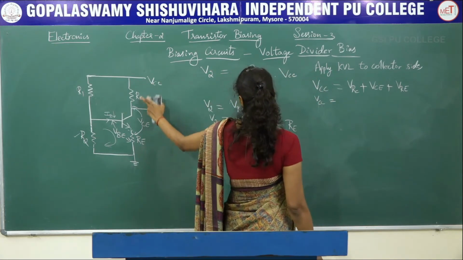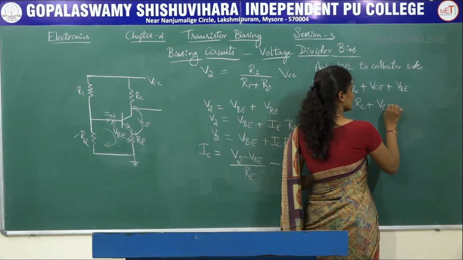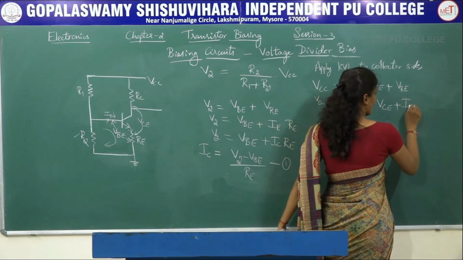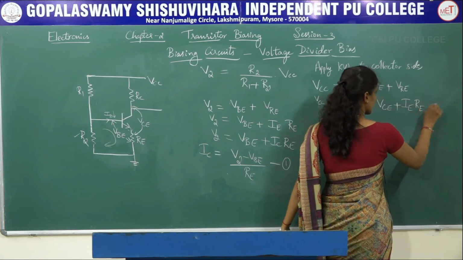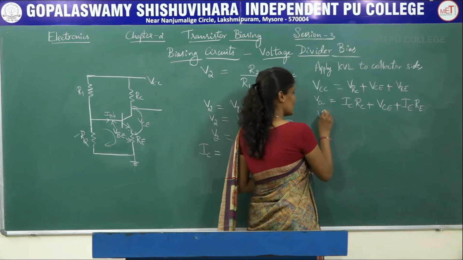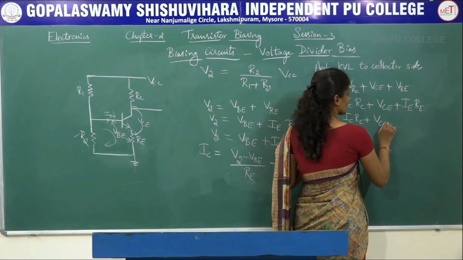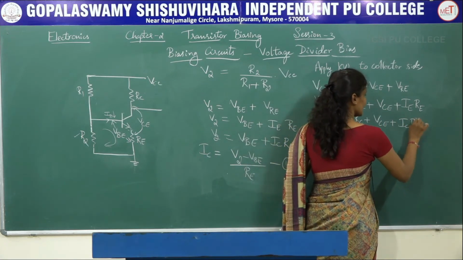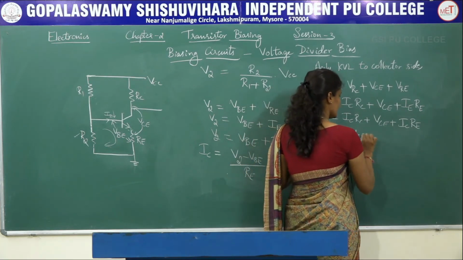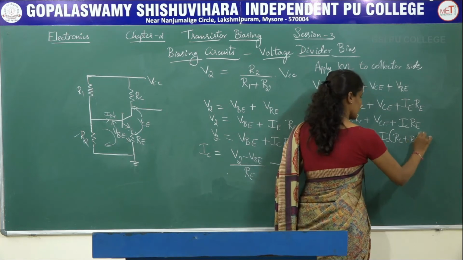The current flowing in this particular resistor is IC into RC, plus VCE, plus the current flowing through this RE resistor, which is IE into RE. But we know that IC is approximately equal to IE, so VCC equals IC RC plus VCE plus IC into RE. If I take IC as the common factor, VCE plus IC of RC plus RE.